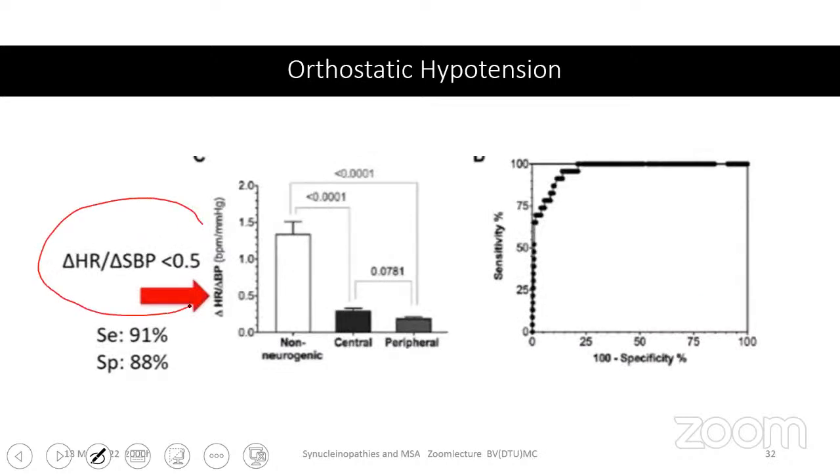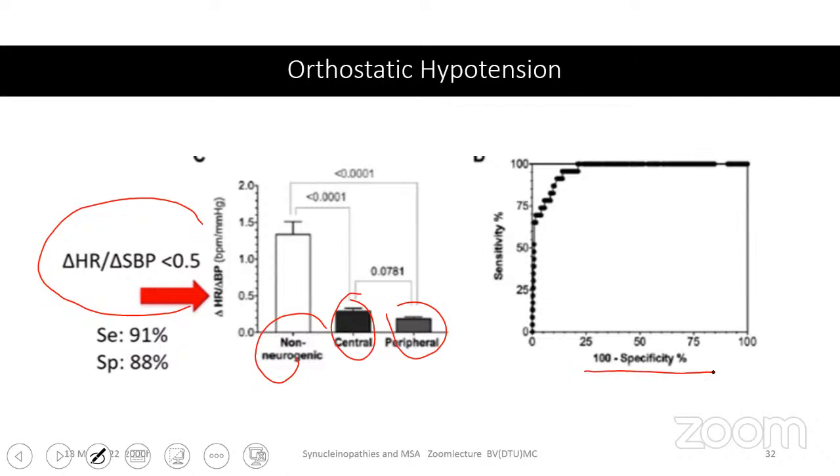The heart rate rise divided by the fall in systolic blood pressure: if it is less than 0.5, this index is very sensitive and specific for neurogenic orthostatic hypotension. So non-neurogenic is this, control is this, and peripheral. You see the specificity of this.